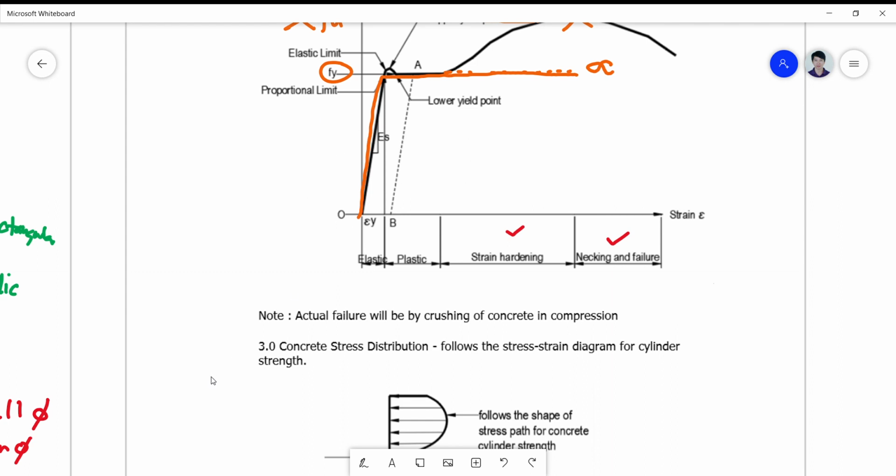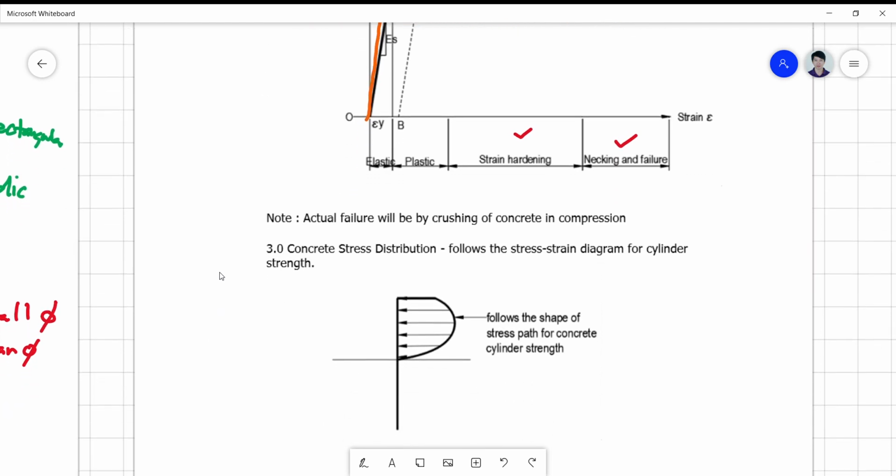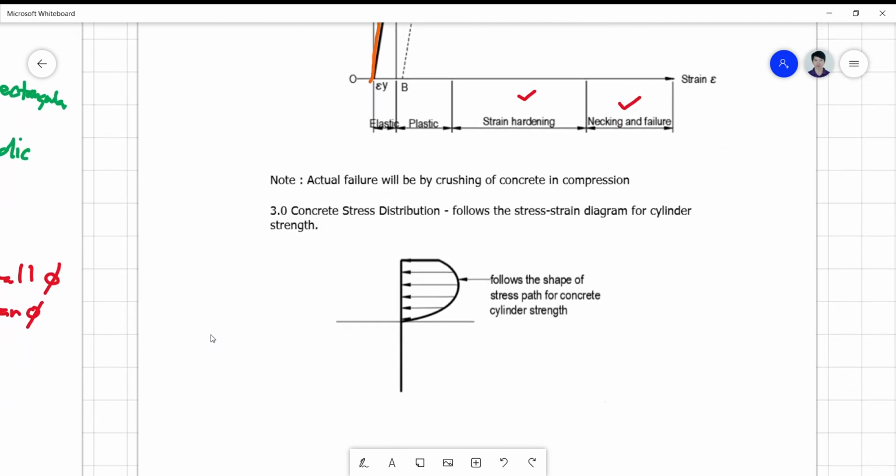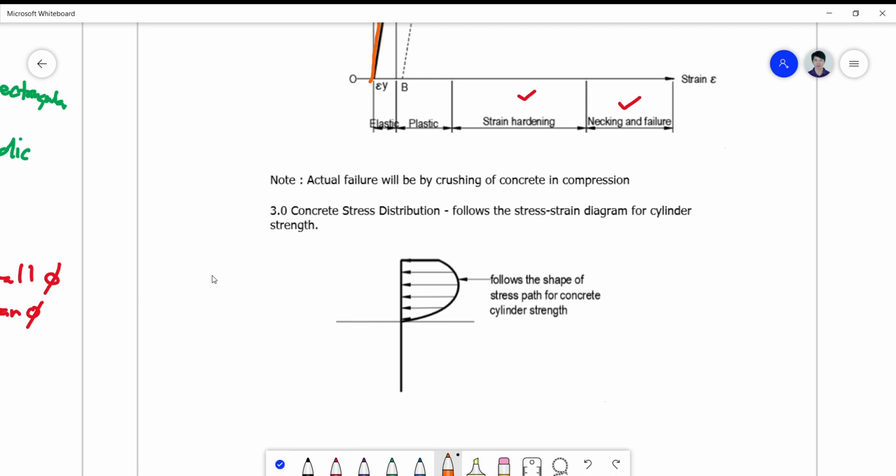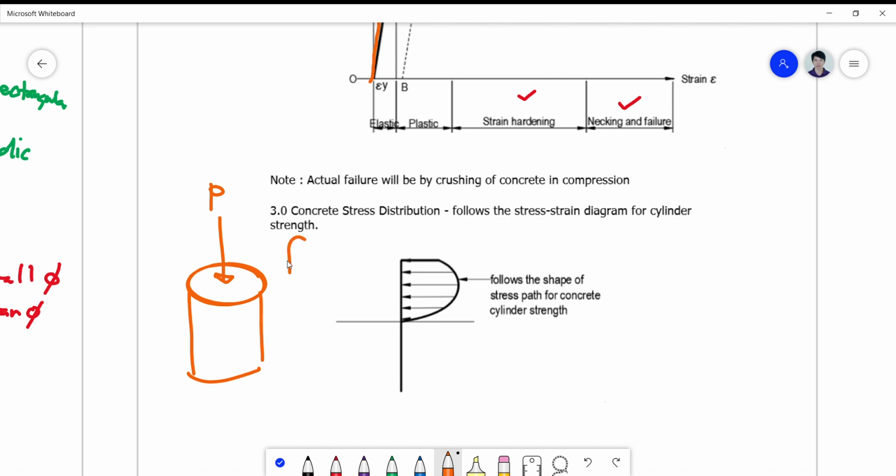Okay, for the third assumption, take note that the concrete stress distribution will simply follow the stress-strain diagram when you test a cylinder at the lab. So when you come up with a cylindrical specimen and test it in the lab, you get your fc prime, and you have this stress path.